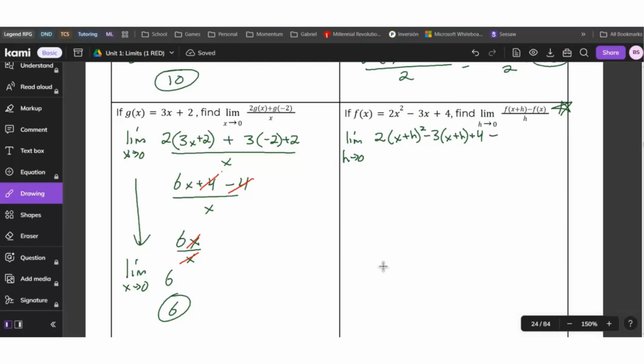If I am subtracting this whole function, what's the shortcut here, rather than writing a bracket? If you're subtracting, what are you doing to all the signs? You're just changing them, exactly. So instead of 2x squared, it's going to be minus 2x squared. Instead of negative 3x, it's going to be plus 3x. And instead of 4, it's going to be minus 4, because I can just flip all the signs and now effectively add.